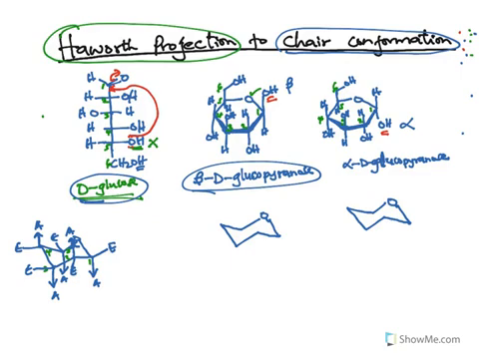So let us say we start from carbon number 1. Let's label them first. So this is 1, that's going to be 2, this is going to be 3, 4, that's going to be 5. So 1 again, 2, 3, 4, 5, and we also have 6.